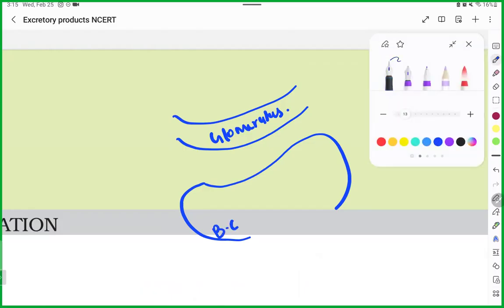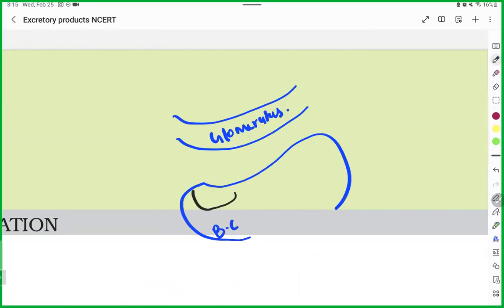Bowman's capsule is made up of some cells known as podocyte. These are known as podocyte, because we know the main job of the kidney is to filter the blood.